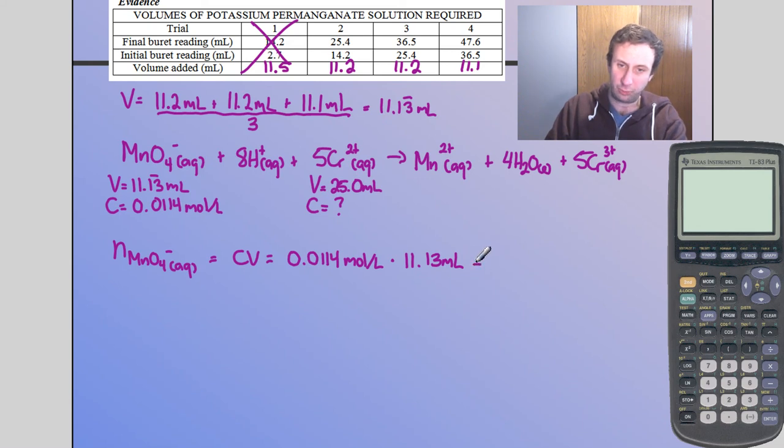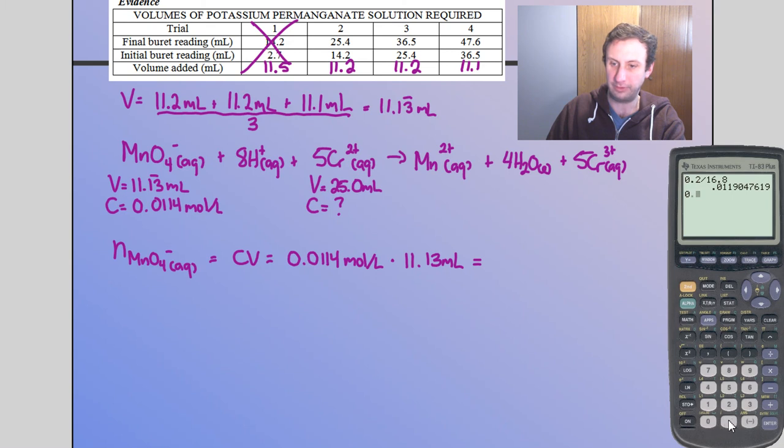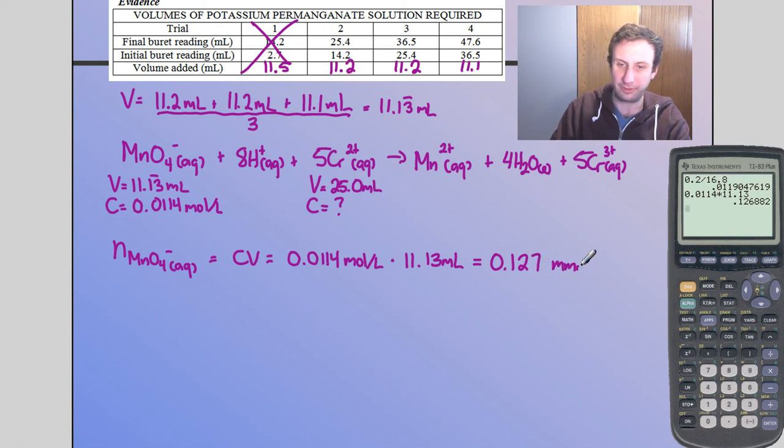So that will equal, and we'll go ahead and plug this into my calculator here, 0.0114 multiplied by 11.13. And I end up with this in terms of millimoles, 0.1268... So let's go 0.127 millimoles, but we're going to keep that full answer in our calculator for going on to the next step.